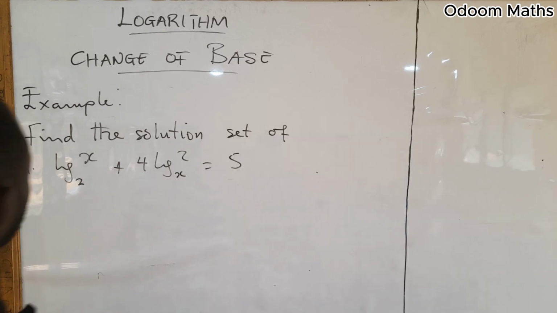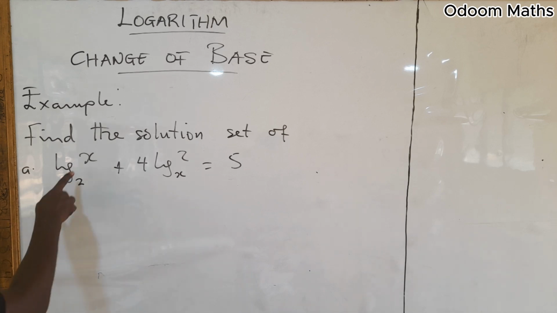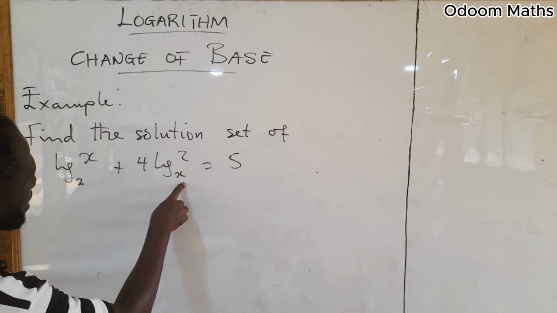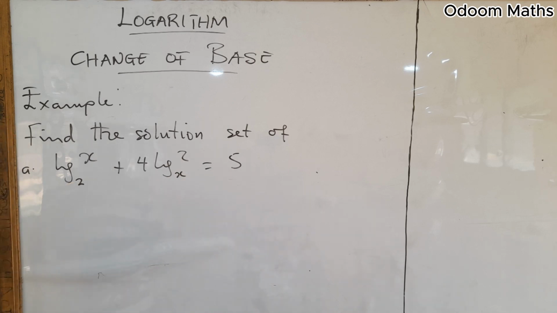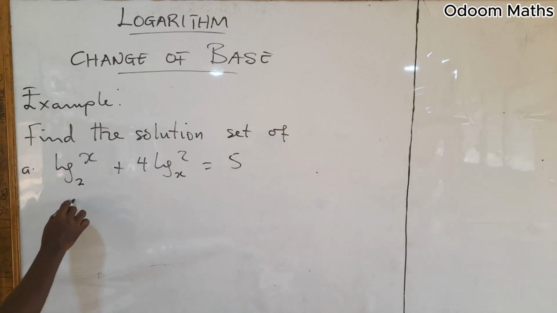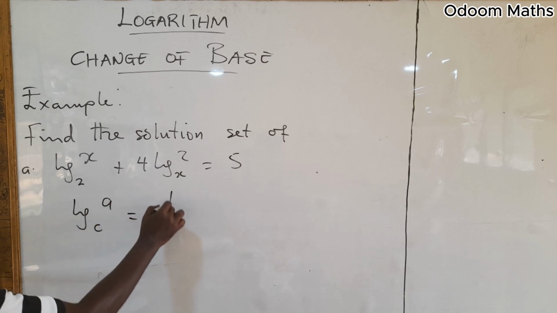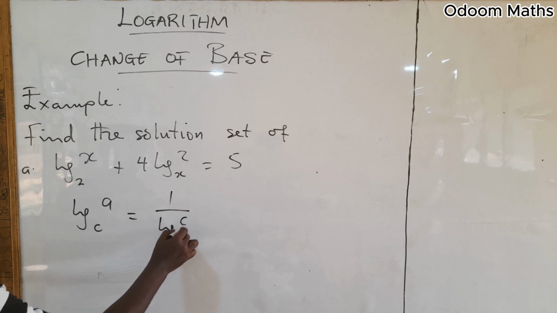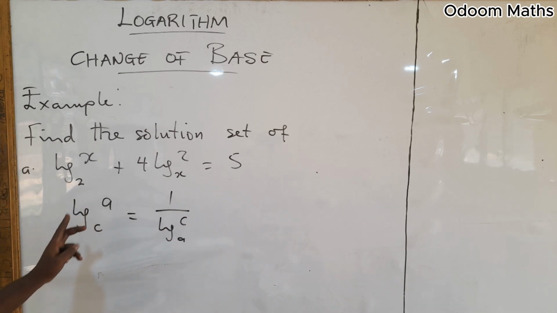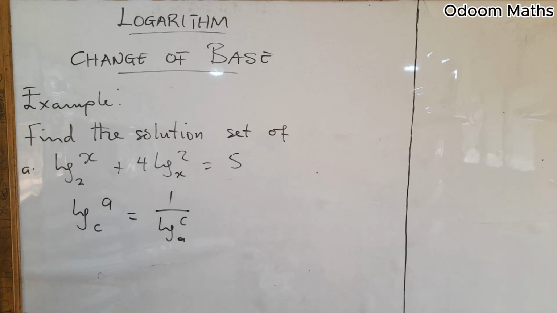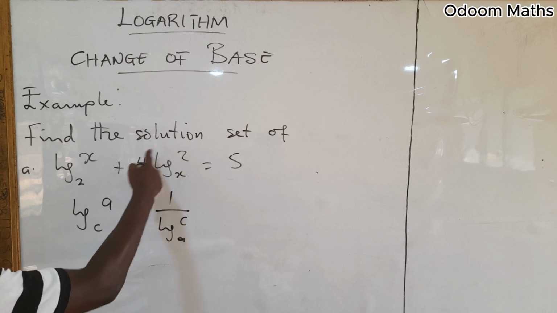Okay, so for the first one, question A, log x base 2 plus 4 log 2 base x equal to 5. Now we said that log A base C is equal to 1 over log C base A. So we can change either this one or this one. Here, I am going to look at this one.